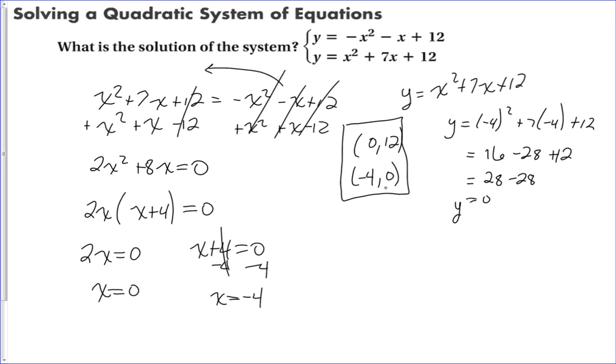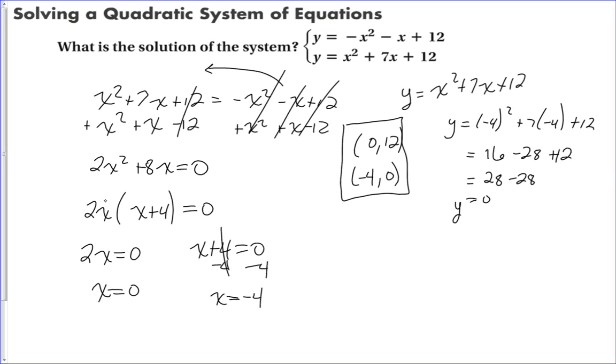So we solve this just like we did in the last video. You want to get everything on one side so you can have this equal to 0. Because we're doing substitution, since both of these equal y, you can set them equal to each other and solve for x. So 2x squared plus 8x equals 0.